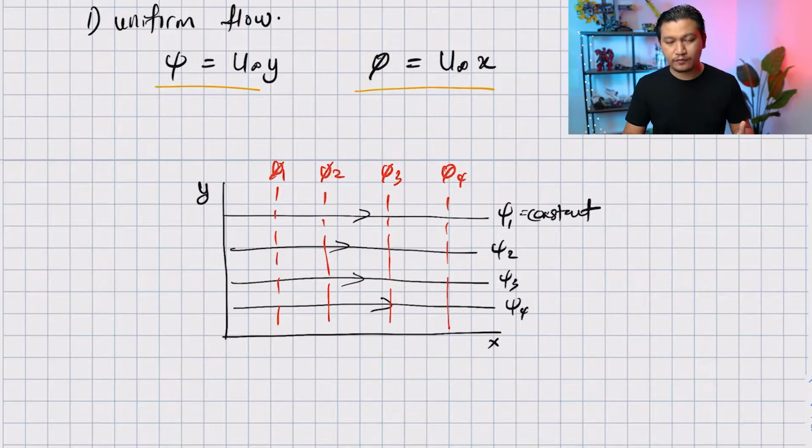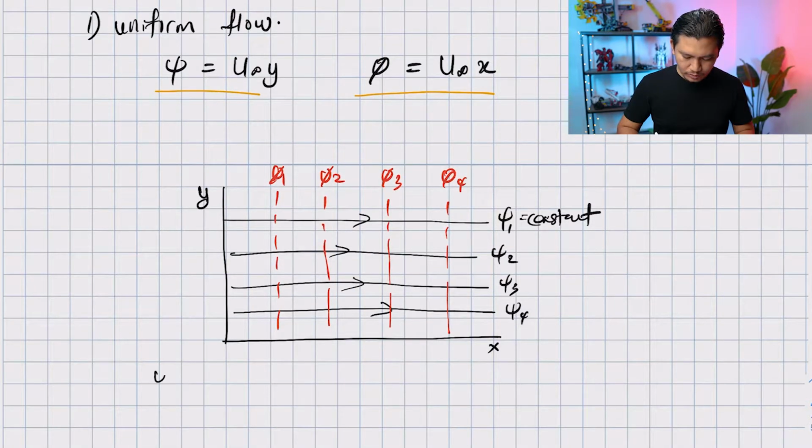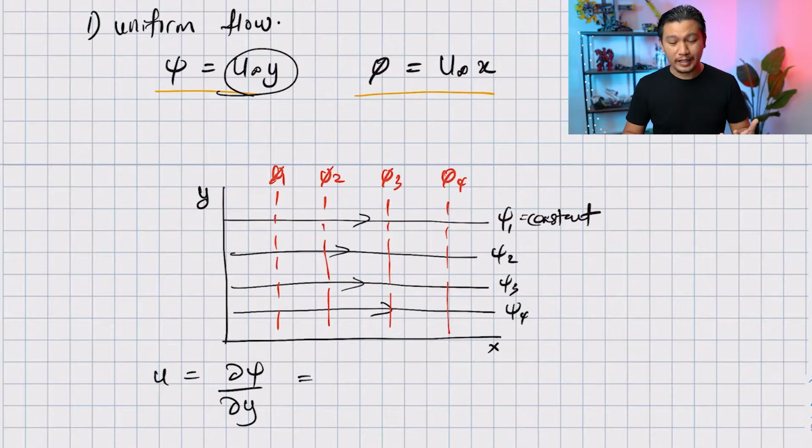So, what if I want to find the velocity in x direction or u? Okay, so u is equal to del psi over del y, isn't it? Which means that when my psi is u infinity times y, my u will be u infinity or the free stream velocity. Okay, so this is my u infinity.